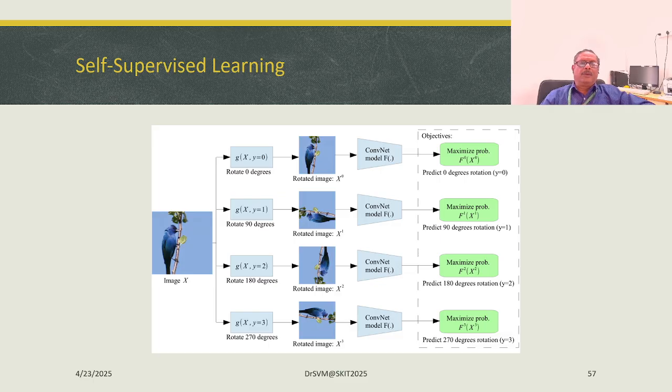That way we create a new set of data, and all this data is used for training. So that's how we make the system learn by itself from a small set of data, which we call self-learning or self-supervised learning.